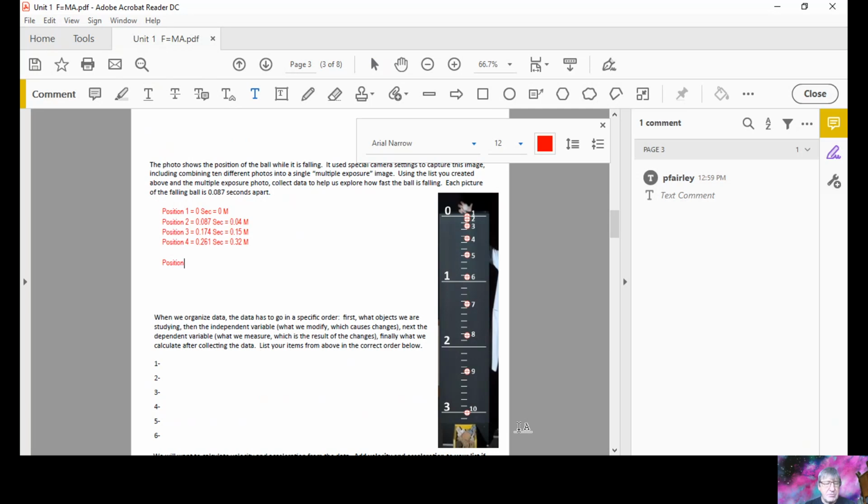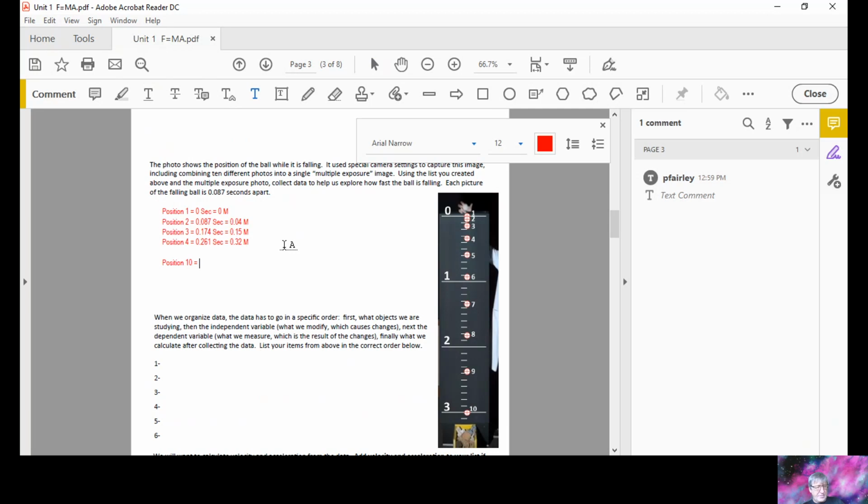I'll look at position 10 with you. Position 10 equals, well, you would think it would be 0.087 times 10, except remember that position 1 didn't count. So it's really 0.087 less than that.